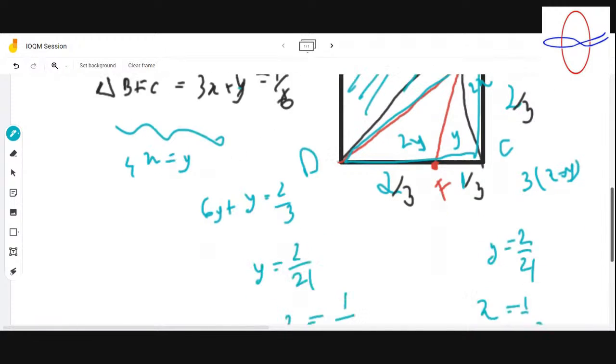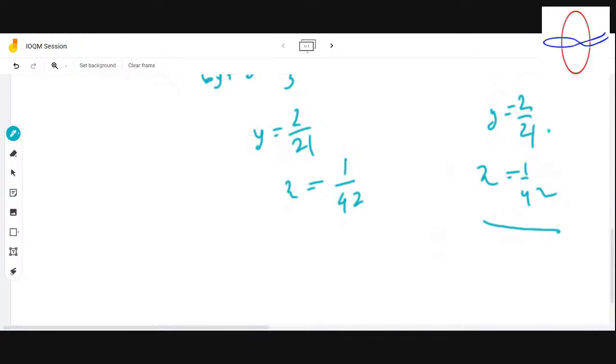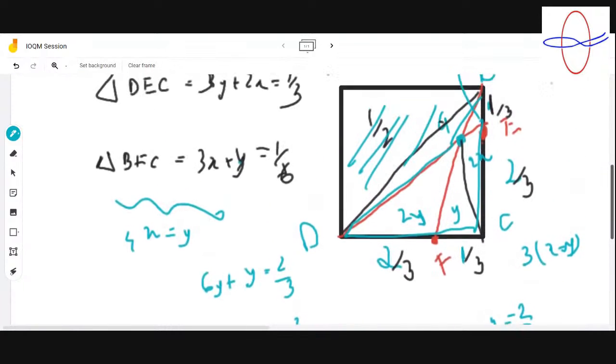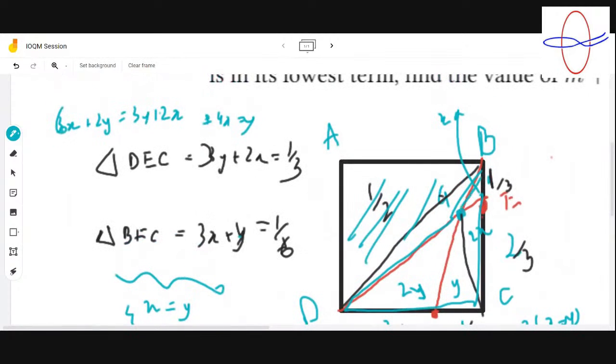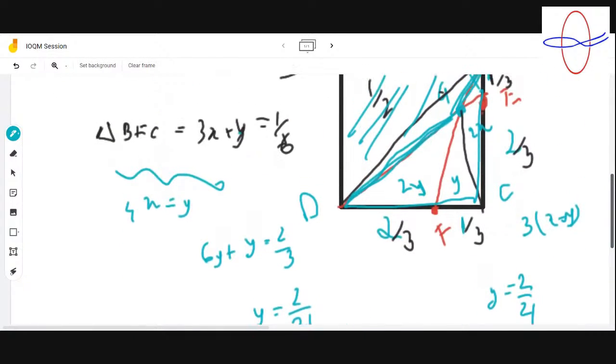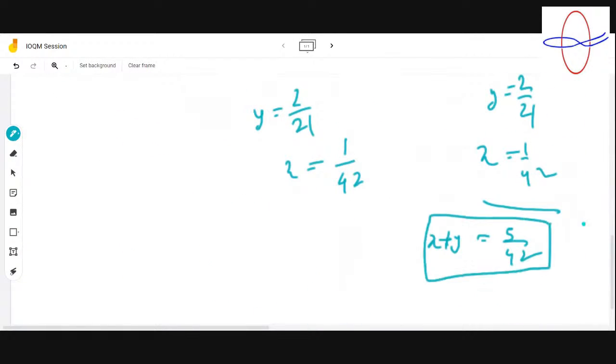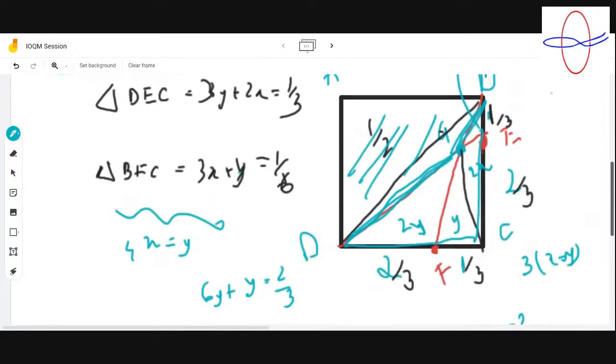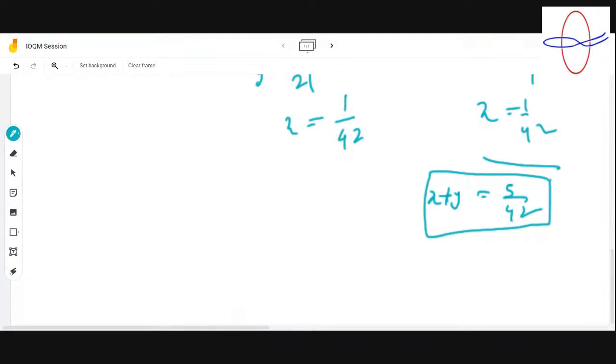So x plus y is 5 by 42, and therefore thrice x plus y will be 5 by 14, and 1 minus 5 by 14 is the answer, that is 9 by 14. That's the whole solution, guys. Any doubts?